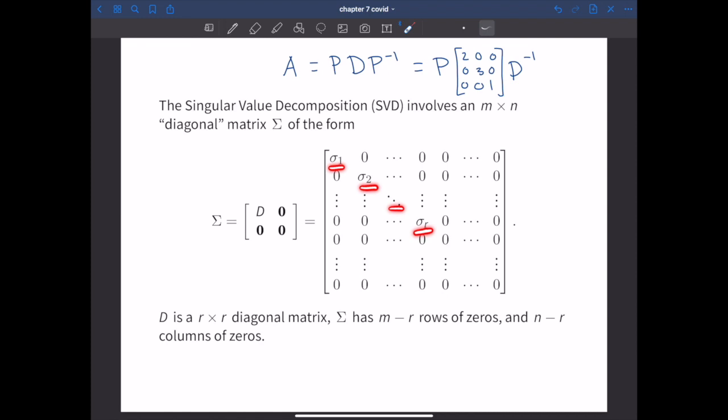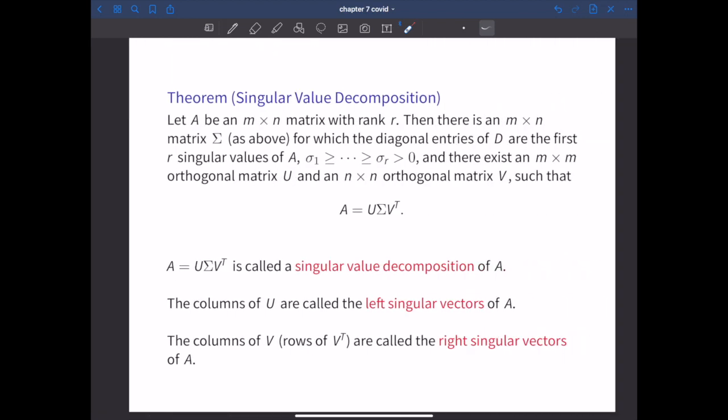So it's similar to the diagonal matrix we found before, but A, it doesn't have to be a square matrix, and B, it doesn't have the eigenvalues along the diagonal, it has the singular values instead. Okay, but this matrix sigma is going to fill the role of our diagonal matrix when we do the singular value decomposition. All right, so let's see what the big theorem says.